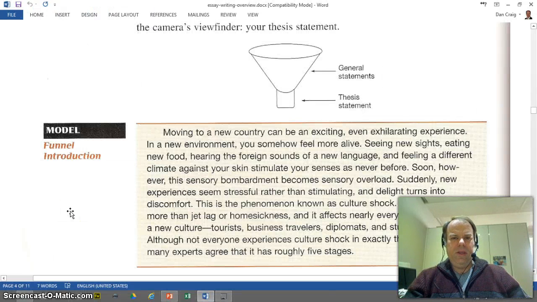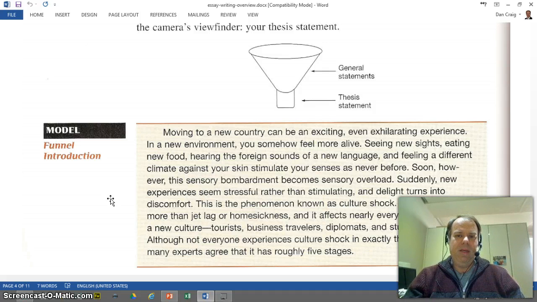So let's take a look at the funnel introduction here. Now, what you'll notice is that at the beginning they're talking about something very general, and that is just simply about moving to a new country and how it can be exciting. This could be the beginning of any number of essays. However, you'll see them start to focus more and more, and so they start to build a description of culture shock in the beginning.